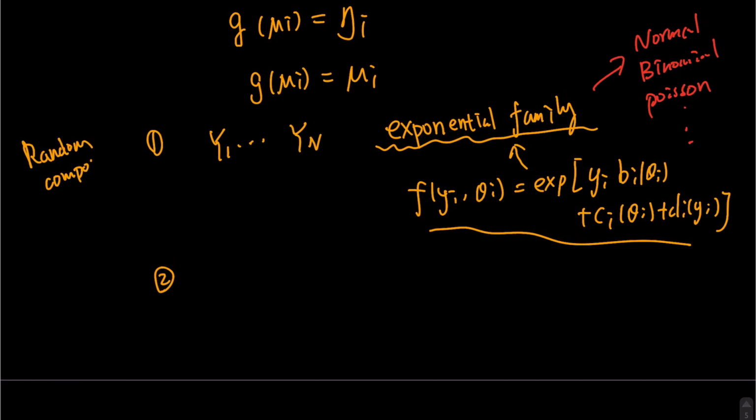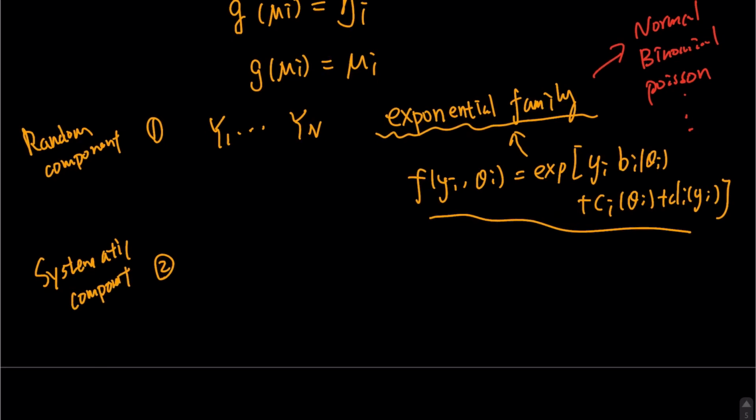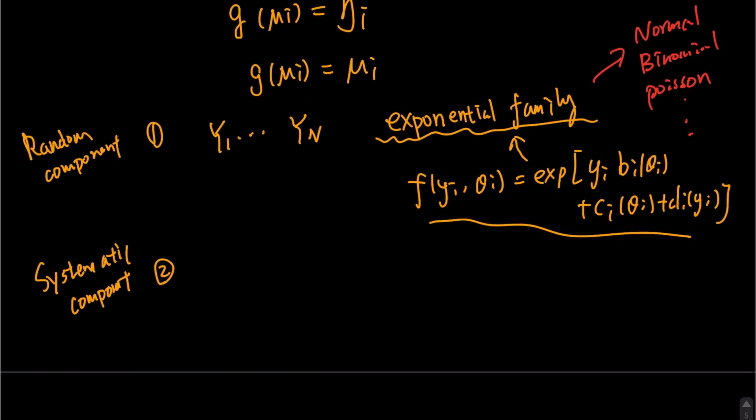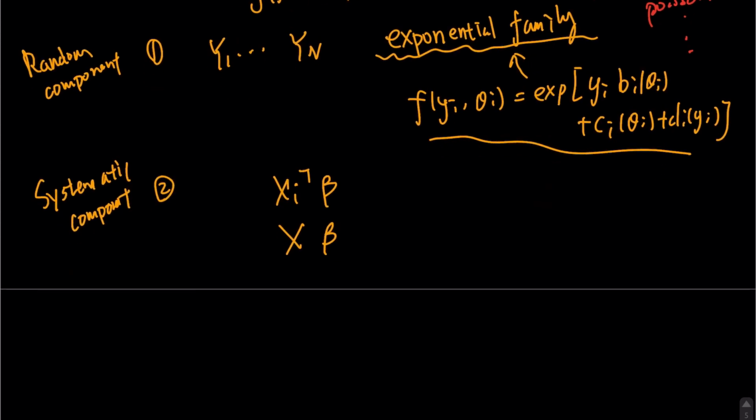And the second part, which is the systematic component, is actually the same as the systematic component in the classical linear model. So we have xi transpose beta, or you can write it as X beta, depending on how you define your X. So X is actually x1 transpose all the way to xn transpose.